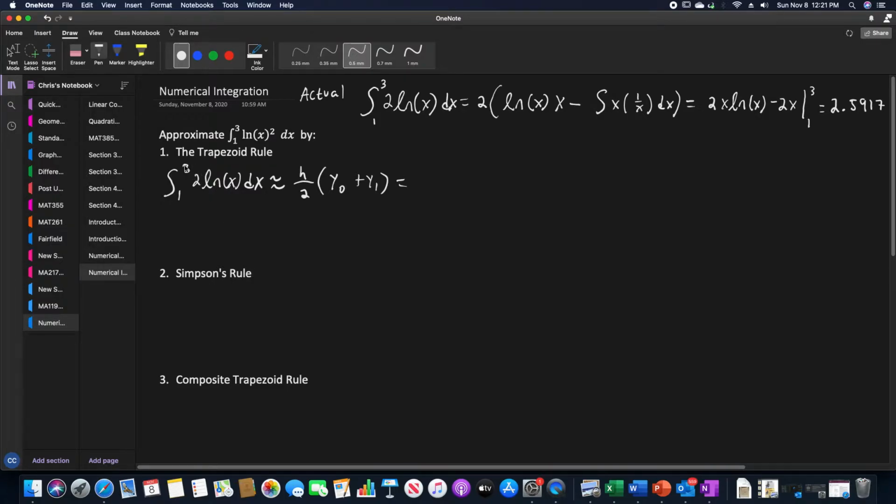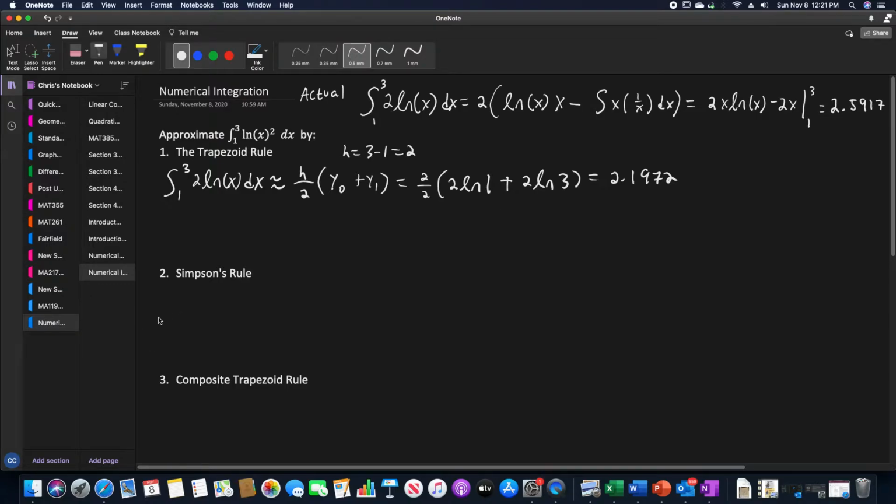Because we have our bounds between 1 and 3 here, h is just going to be 3 minus 1, or 2. So we have 2 divided by 2 times 2 times the natural log of 1 plus 2 times the natural log of 3. We put that into a calculator and we would get an answer of 2.1972, which is a bit off from the actual answer.